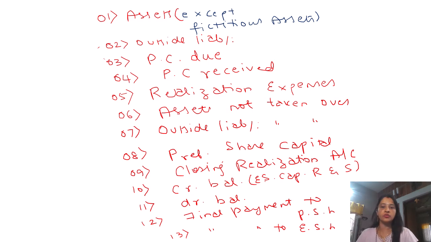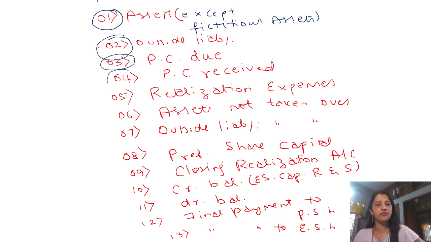Out of this, I'll tell you which are compulsory entries. Assets, compulsory entry. Outside liabilities, compulsory. PC due, compulsory. Every problem it will be there. PC received, compulsorily it will be there. Then if there is preference share capital, this entry will come, otherwise it will not come. Closing realization account, it will be there.